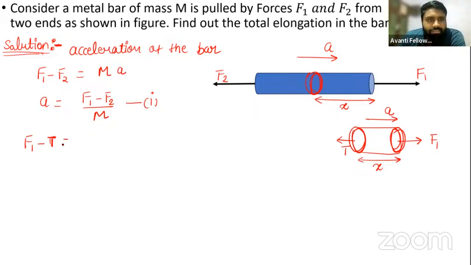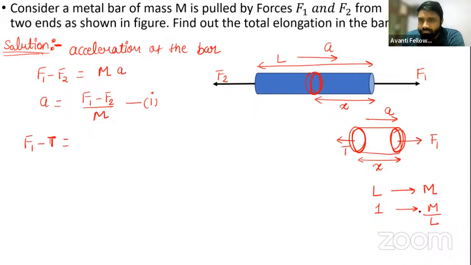Now F1 minus T is equal to the mass of this section. The complete mass will not come here, only the mass of this section. Let's say the length of this rod is capital L, and this length L has a mass capital M. So unit length has a mass of M by L. So what is the mass of X length?